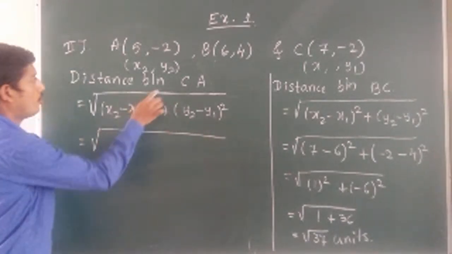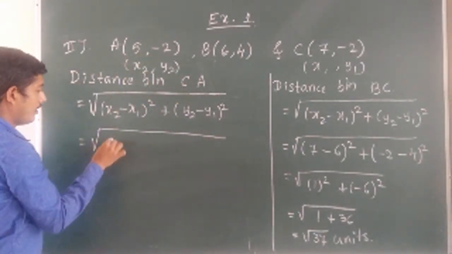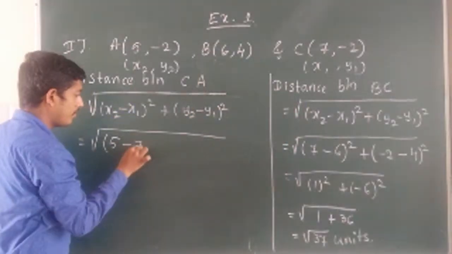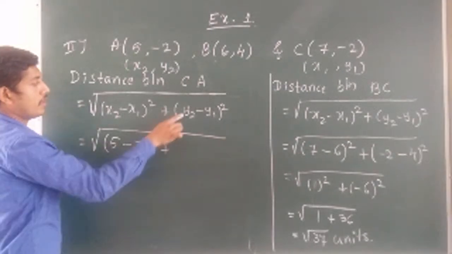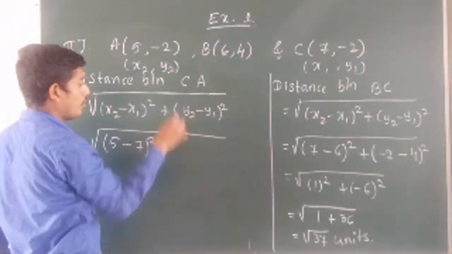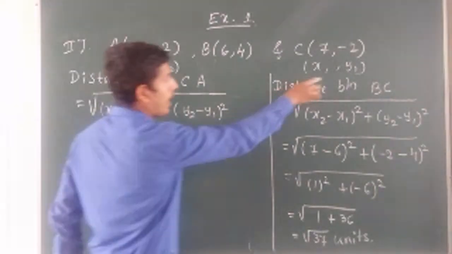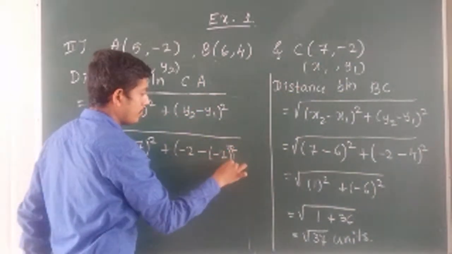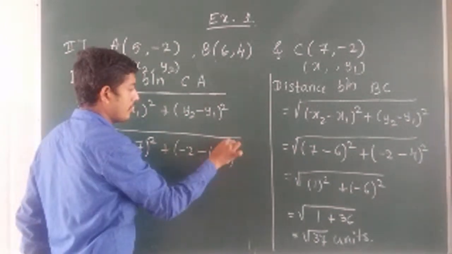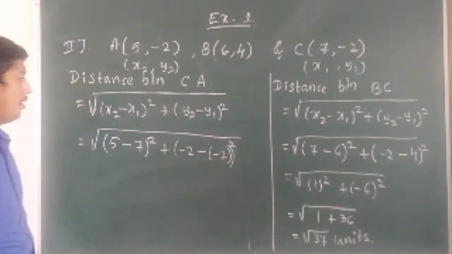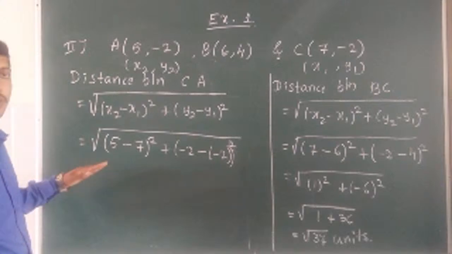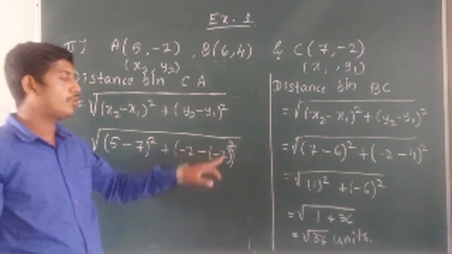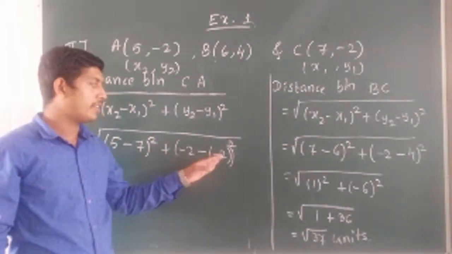So x2 is 5 minus x1 is 7 whole square plus y2 is minus 2 minus y1 is minus 2 whole square. Now solve this and comment me first. Square root of 5 minus 7 whole square plus minus 2 minus of minus 2 whole square.